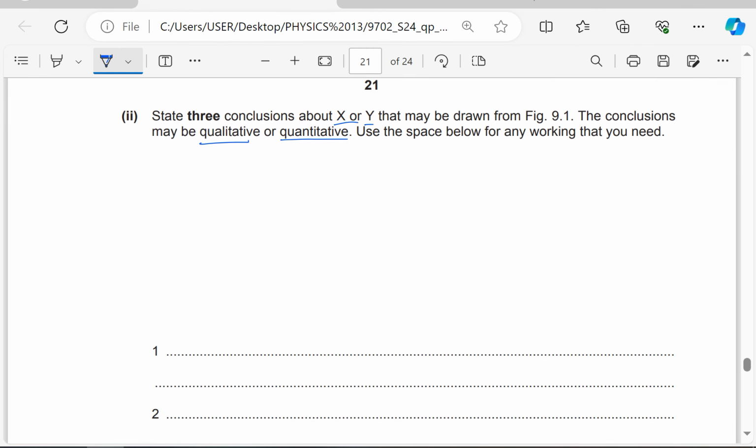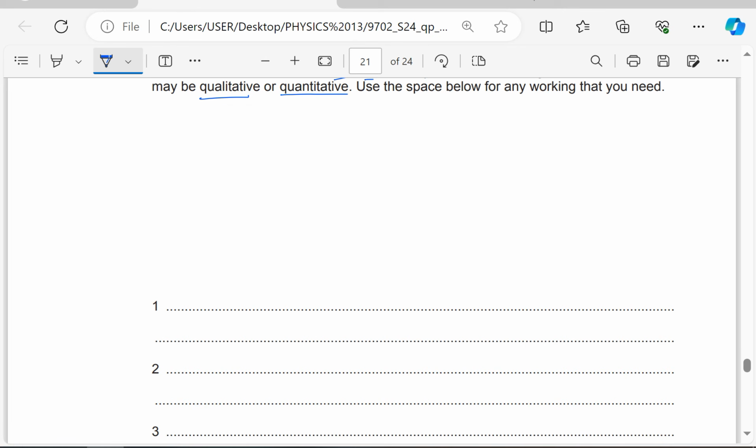I've already mentioned one because we are always seeing X and Y. The first thing I will mention is that Y is a stable isotope as no further decay is seen.